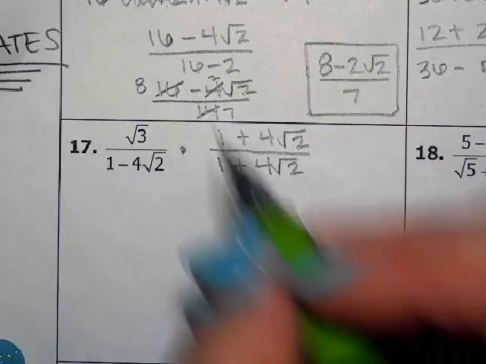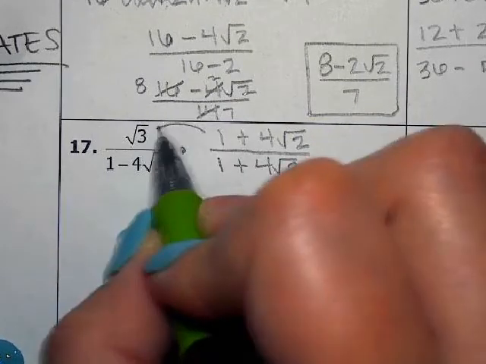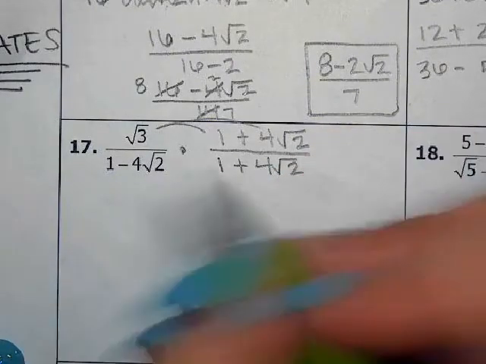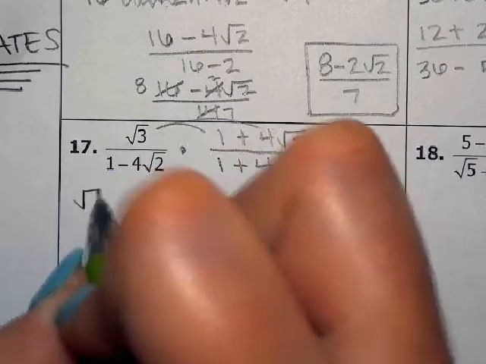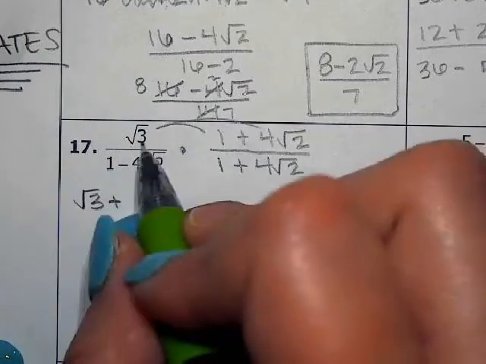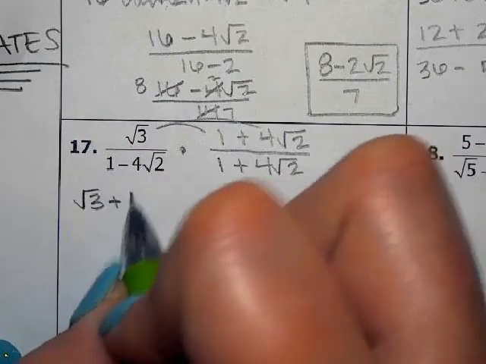All right, so distribute. So 1 times root 3, you can write 1 root 3 or just root 3. Root 3 times 4 root 2 is 4 root 6.